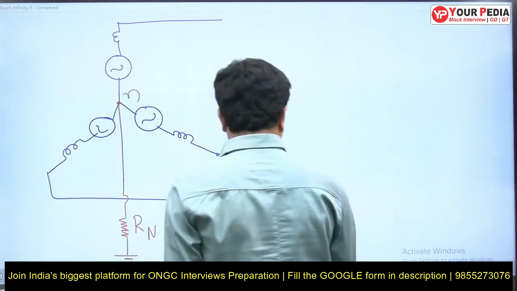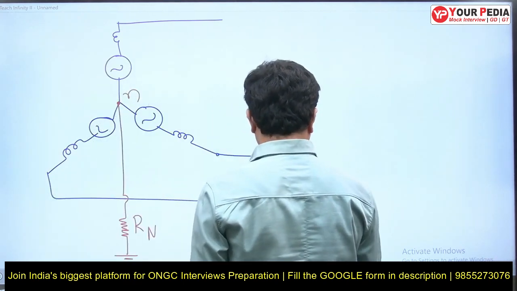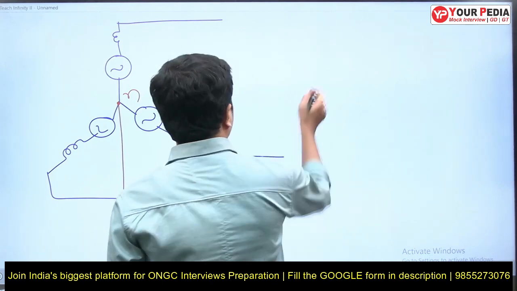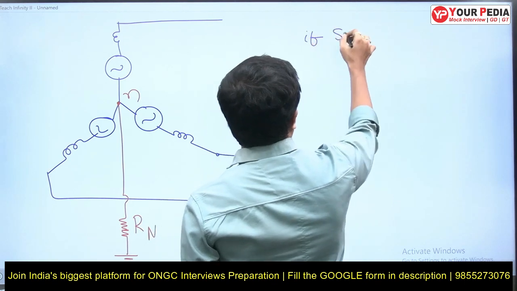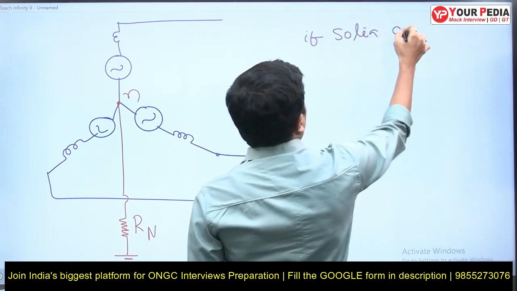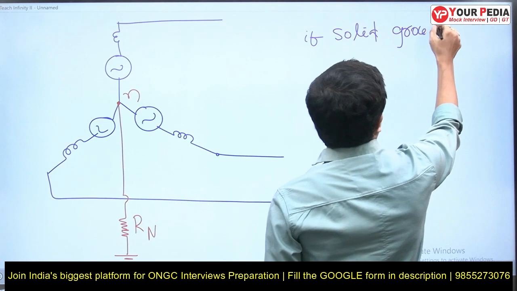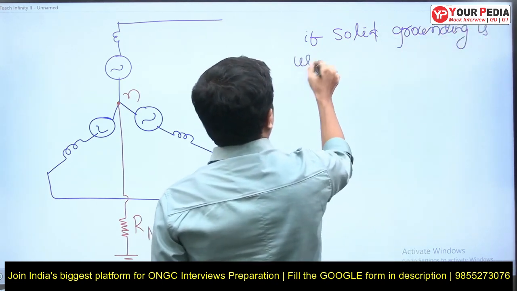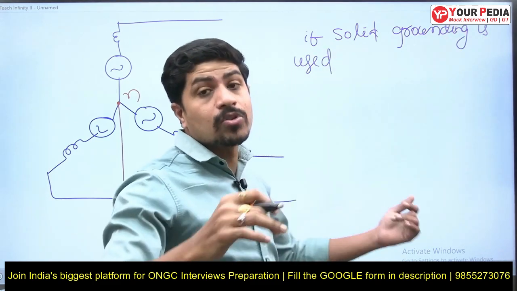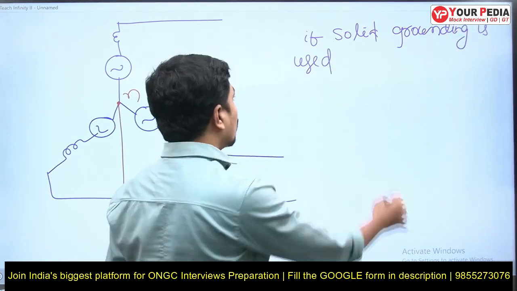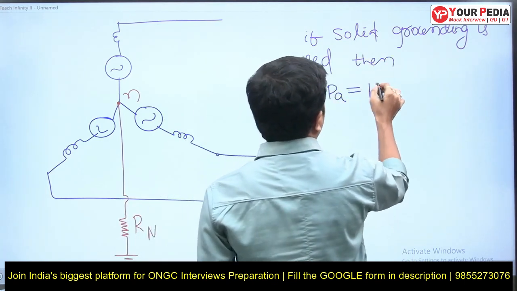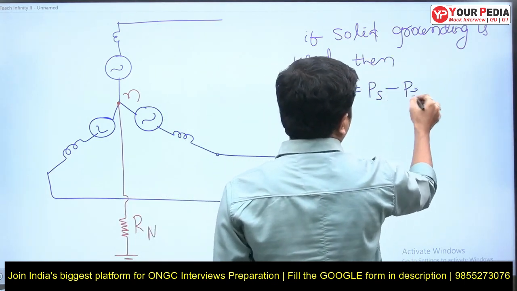Now, whenever a fault occurs, suppose solid grounding is used. Solid grounding means neutral resistance is equal to 0. Then what is PA? PA is equal to PS minus PE.